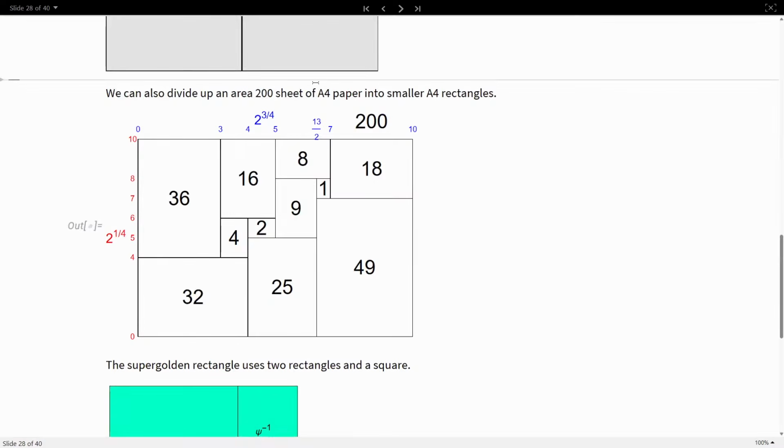And in fact, if you have an area 200 sheet of A4 paper, you can divide it into a whole series of smaller A4 rectangles, as shown here, where everything is based on the fourth root of 2 in terms of placement. And all of these areas here are either a square or 2 times a square.